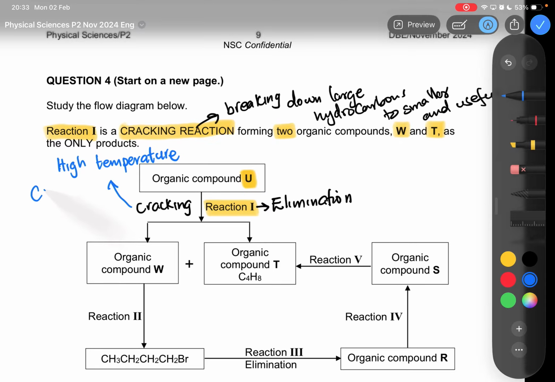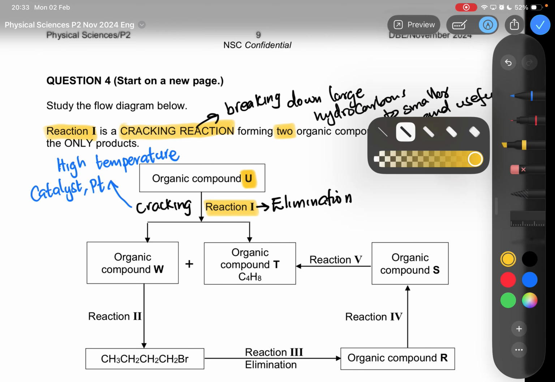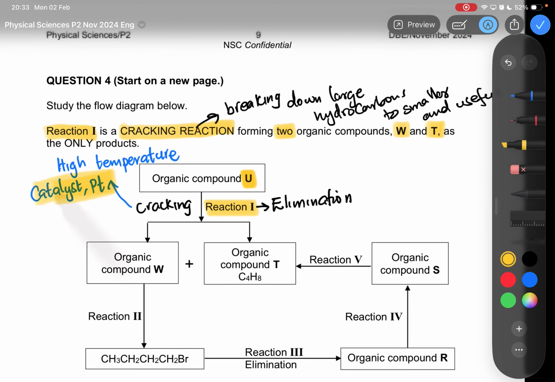And we also need a catalyst. We were arguing today in class whether it is platinum or something else that we have not seen. So it is platinum. So we need a catalyst and high heat.